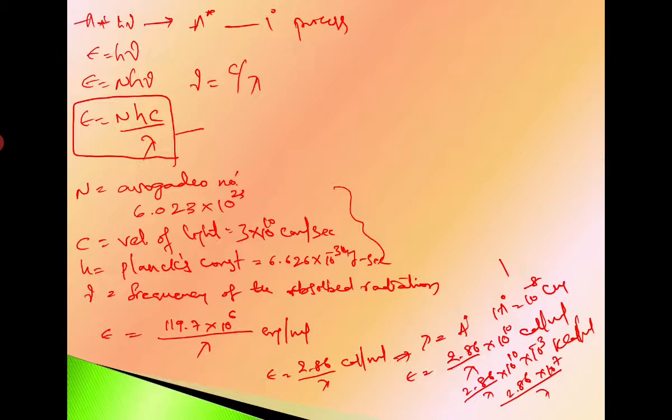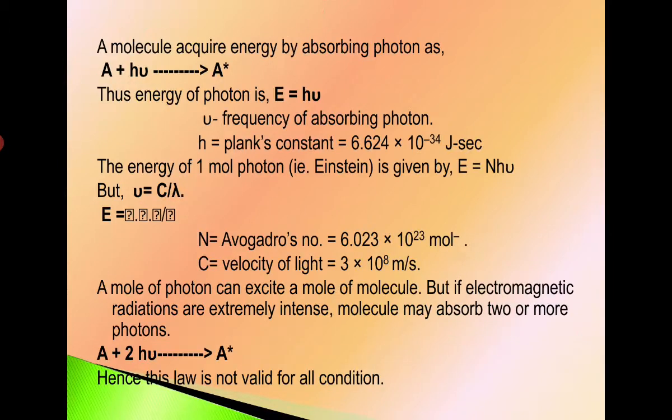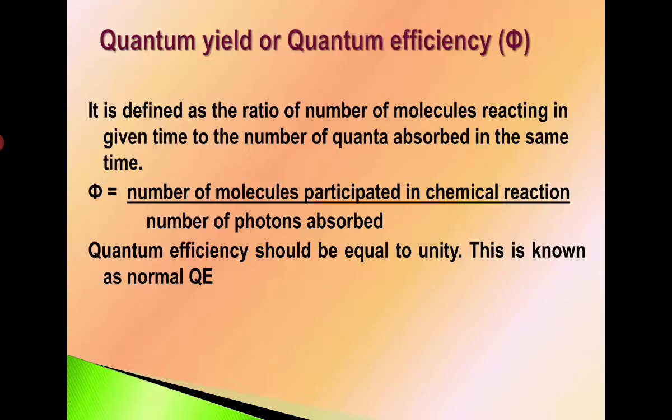This is the energy absorbed by each reacting molecule. In this way, Stark and Einstein explained the absorption of photons by the molecule, and the energy possessed by 1 mole of photons is called 1 Einstein. This is what we have just discussed.